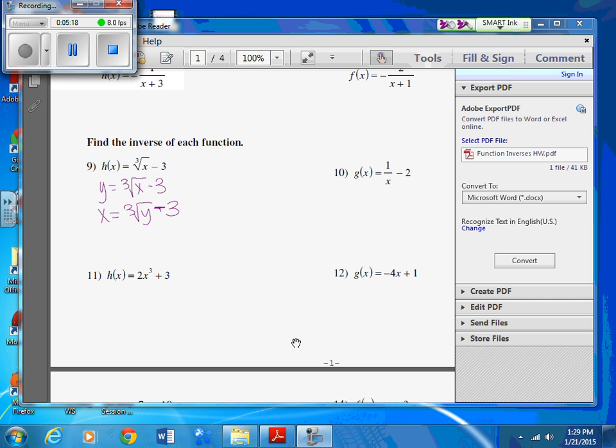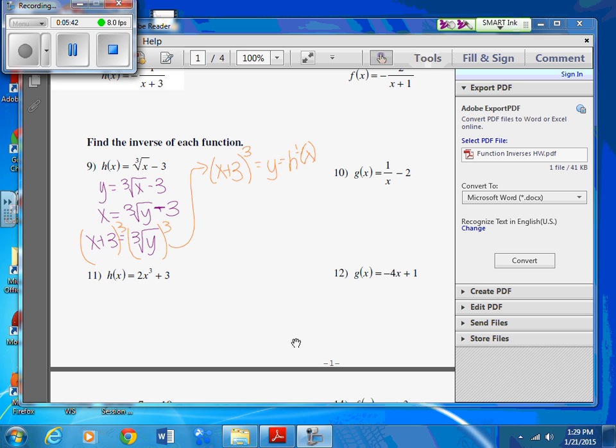I need to add 3 over, so I get x plus 3 is equal to the cube root of y. And to undo a cube root, you cube. So now I have the quantity x plus 3 to the third power is equal to y, or a inverse.